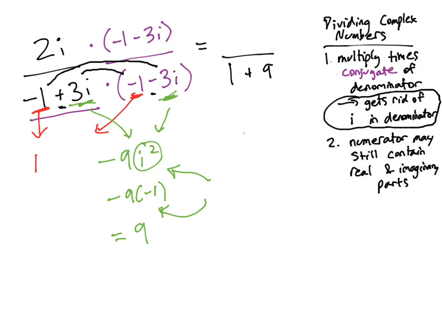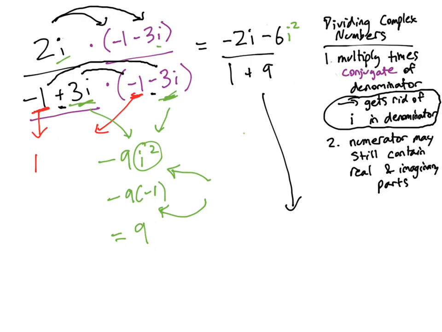In the numerator, though, we will need to distribute and multiply everything out because we're not just multiplying two conjugates together. So we have 2i times negative 1 gives us negative 2i. 2i times negative 3i gives us negative 6i squared. i times i is i squared. And again, we want to use the fact that i squared is equal to negative 1.